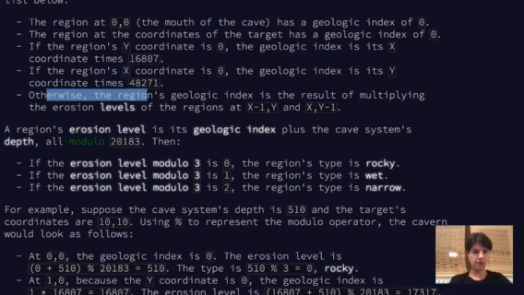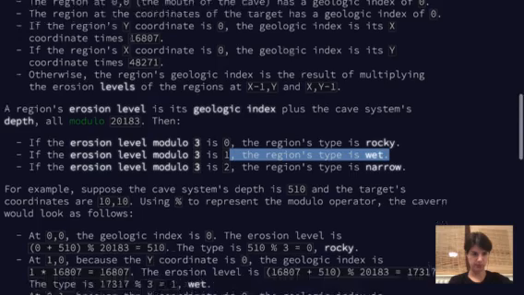Oh, okay, and then we take it modulo 3, and if that is 0, then it's rocky. Oh, the order here is different from how it was named before. So wet is a 1 and narrow is a 2. I wrote down rocky, narrow, wet, but it's rocky, wet, narrow.